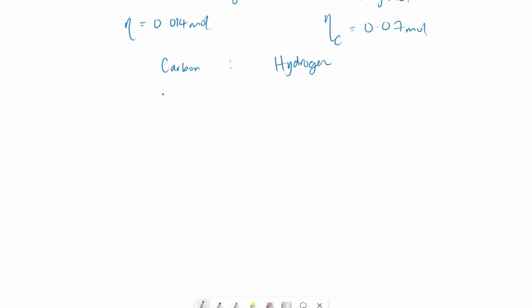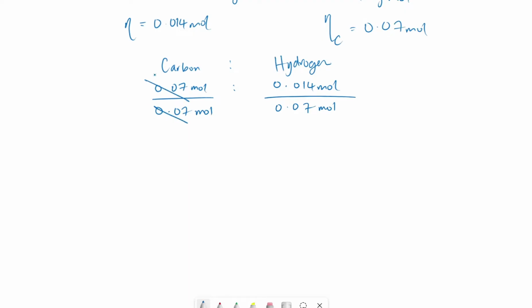So now that we know the number of moles of each, where carbon is 0.07 moles and hydrogen is 0.014 moles, you just need to divide both values by the smaller of the two numbers. So 0.07 divided by 0.07 and 0.014 divided by 0.07.